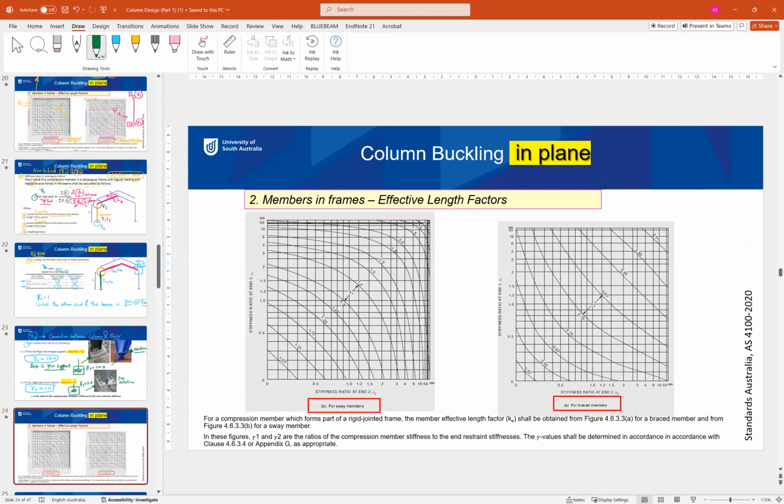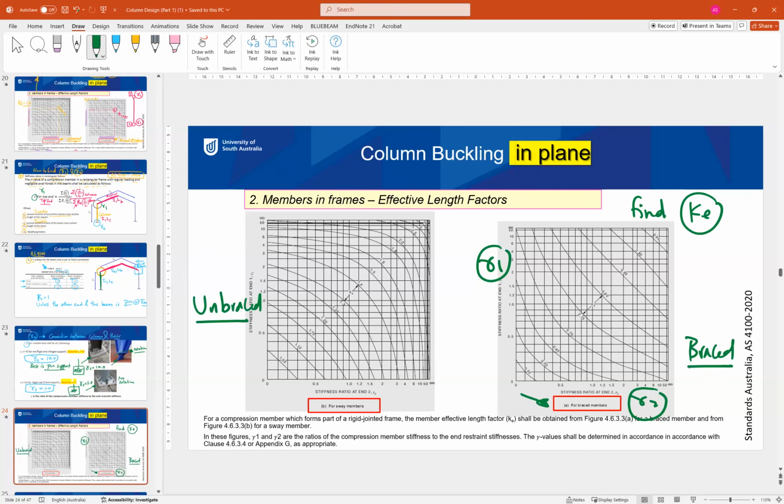Okay, so after you know gamma 2 and gamma 1, go to the table to find KE. This one if the member is braced, this one if the member is unbraced. So gamma 1 and gamma 2 to find K effective.